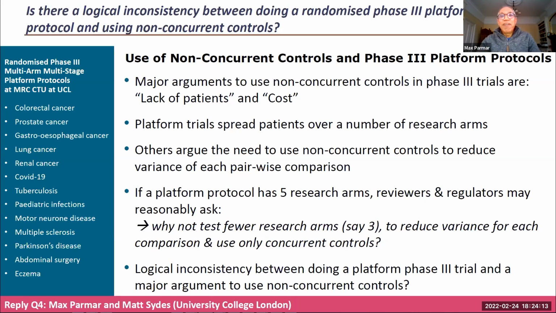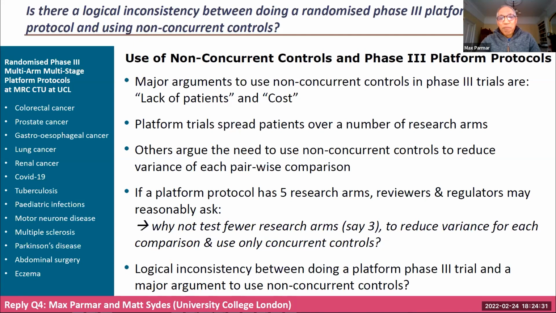But the challenge we have here is that platform trials, I'm on to my second bullet point on the right here, platform trials quite clearly spread patients over a number of research arms. And we've already heard the argument that we need to use the non-concurrent controls to reduce the variance of each pairwise comparison.